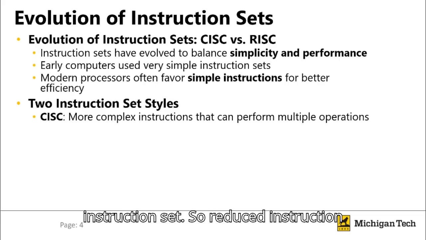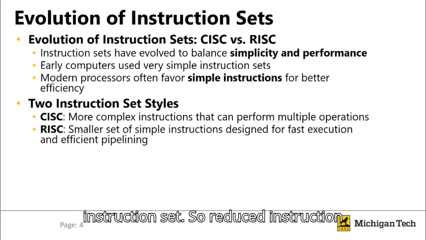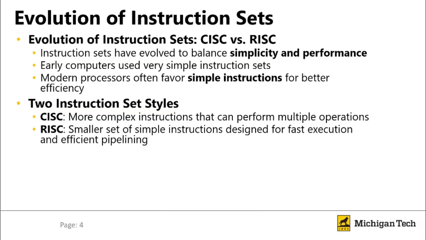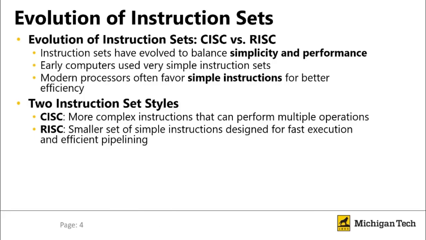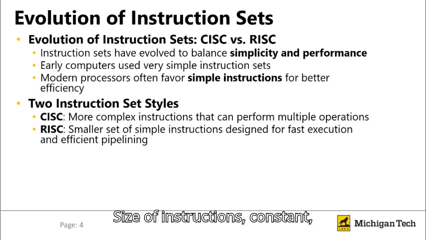Okay, reduced instruction set. So reduced instruction set is smaller. What is smaller? I can say everything is smaller. Size of instructions is constant, not changing. The number of registers, constant, not changing.